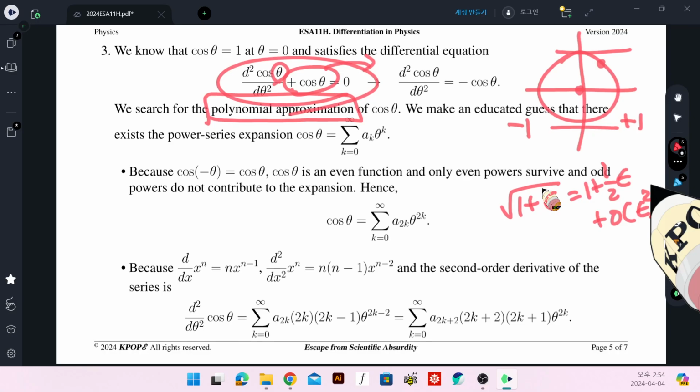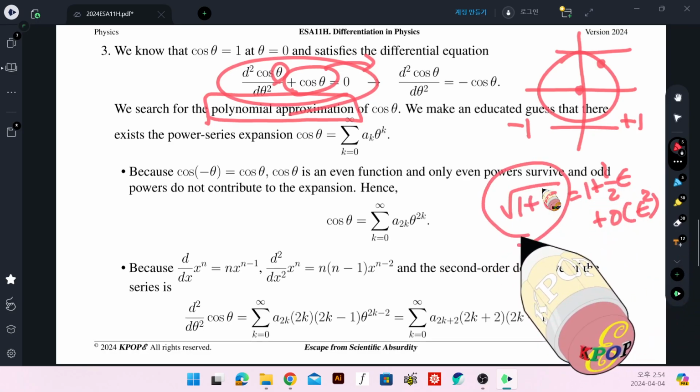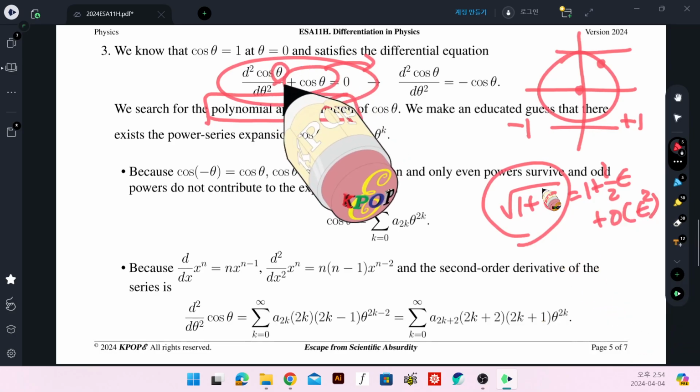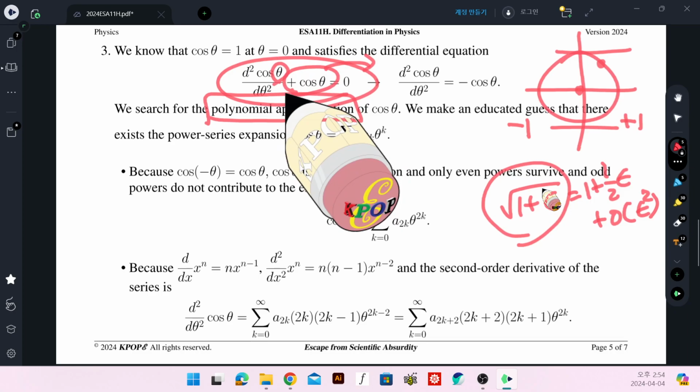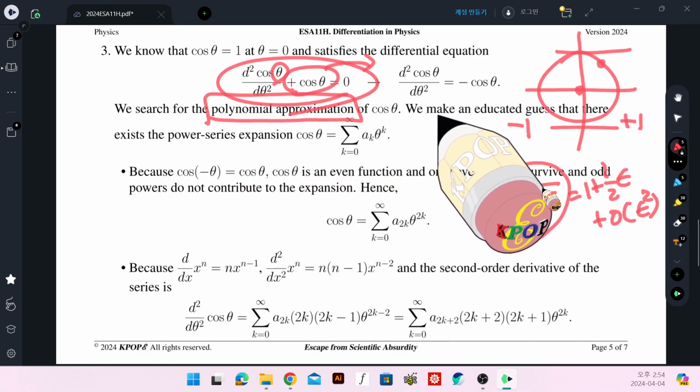In this manner, we can express some arbitrary function that is finite in powers of a very simple argument. That is called polynomial approximation.